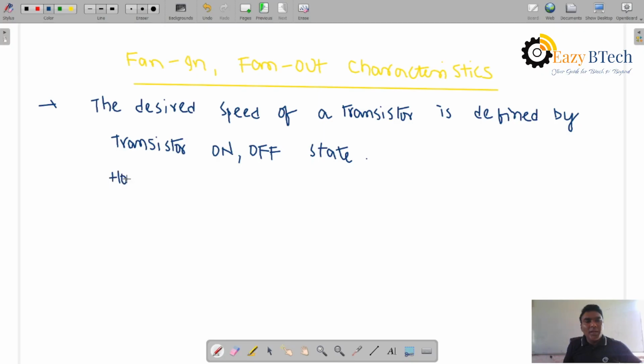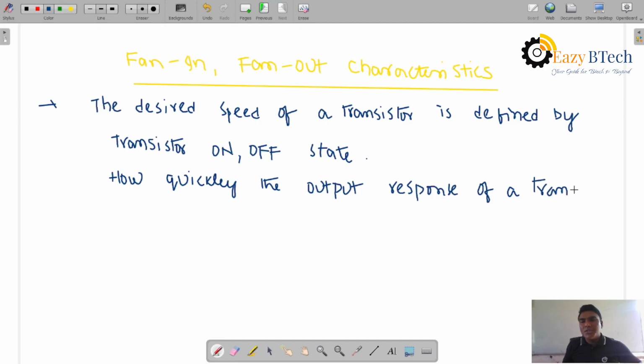So how quickly the output of a transistor responds when input is applied, that is nothing but the speed of a transistor.